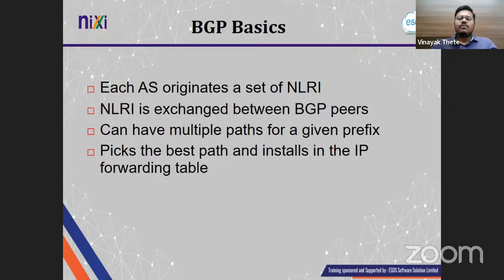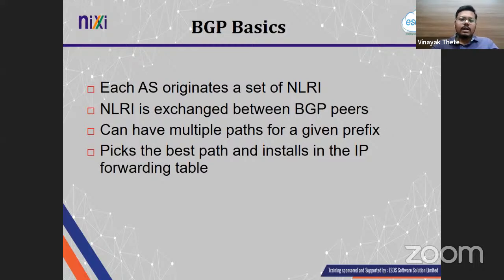So there are two types of table: the RIB, which is the routing table, and the second is the forwarding table. The routing table has all the information. Suppose I have four service provider links on my router, and I reach the same internet route through all four links.